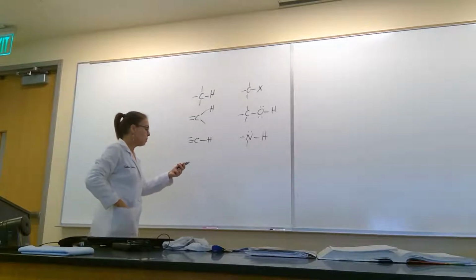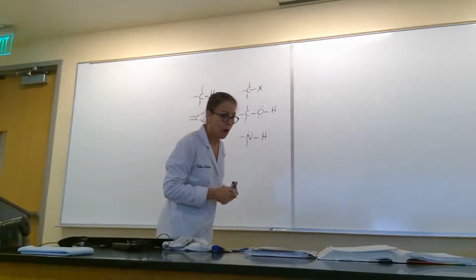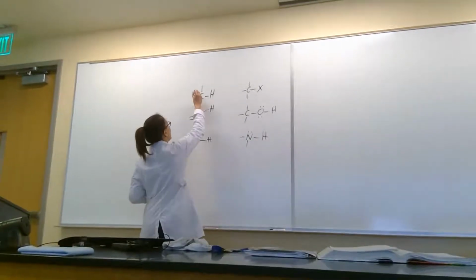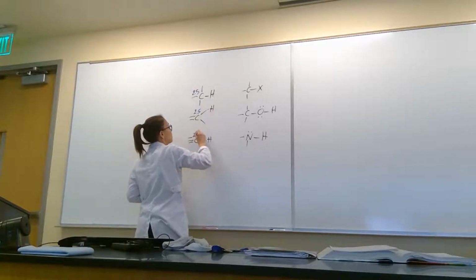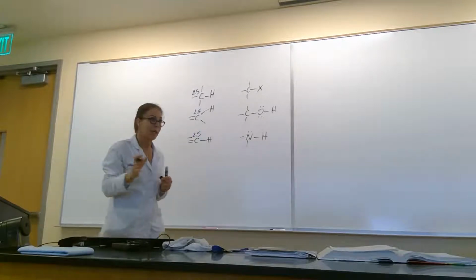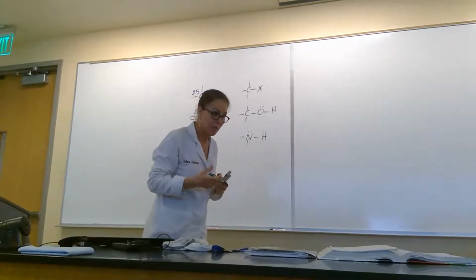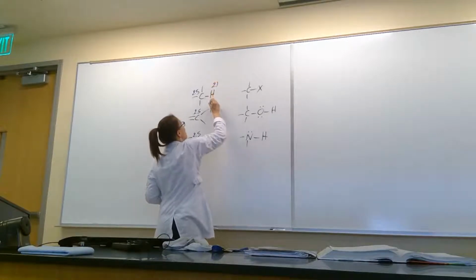So which one is more electronegative, or which one pulls harder? Carbon is 2.5, so in all of these it's 2.5. You don't have to remember these numbers, but I just want to use them to explain a few things. Hydrogen is 2.1.